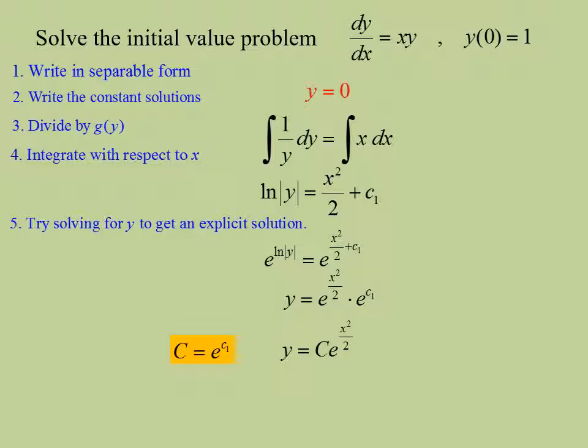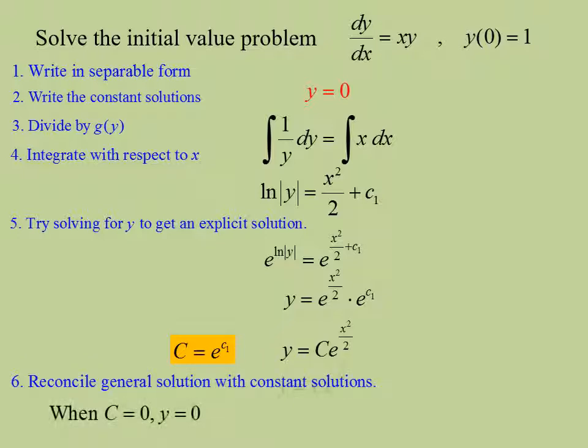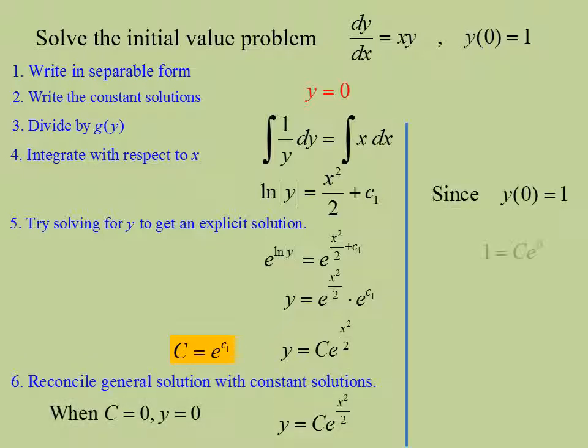Using the initial values, however, we plug in a 0 for x and a 1 for y, and we get 1 equals c times e to the 0, or c equals 1. So for this initial value problem, the constant in our general solution is actually a 1, so we come out with the specific solution, y equals e to the x squared over 2.